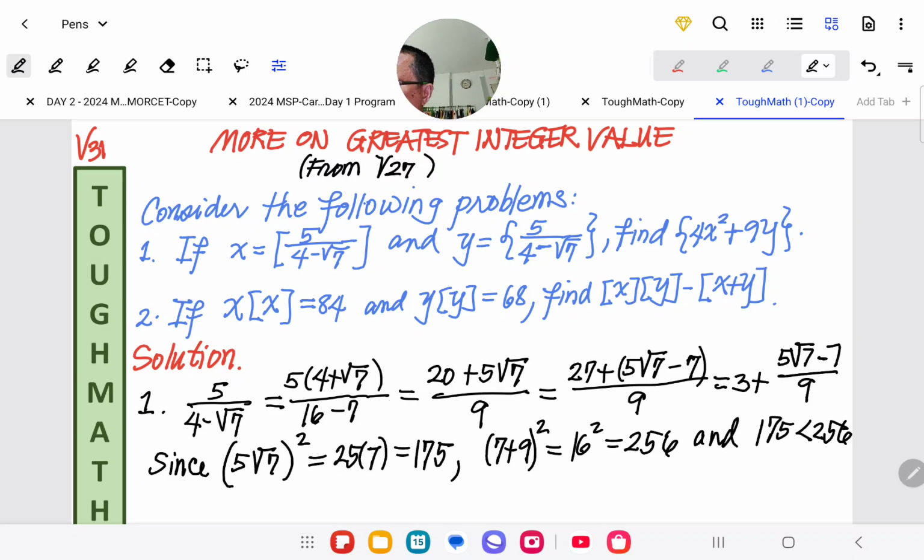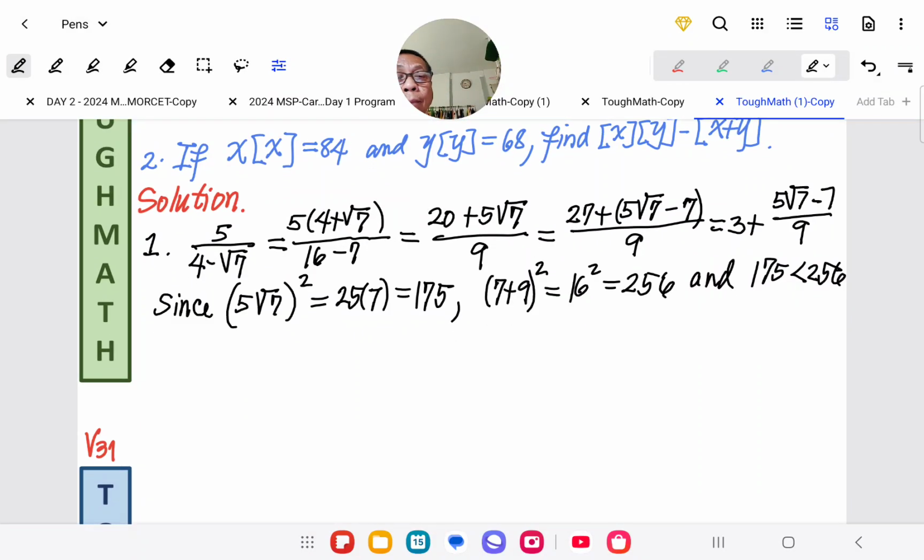Then we are sure that the greatest integer value of 5 over 4 minus square root of 7 is equal to 3, and this is equal to x.